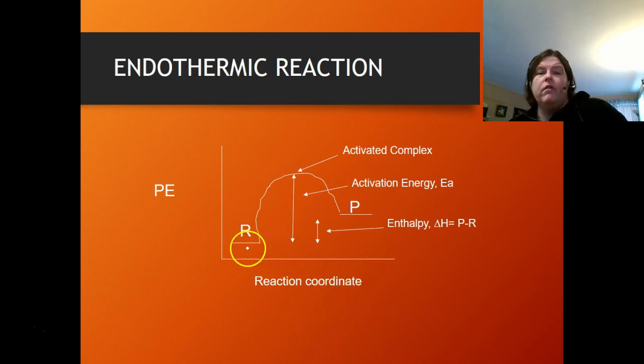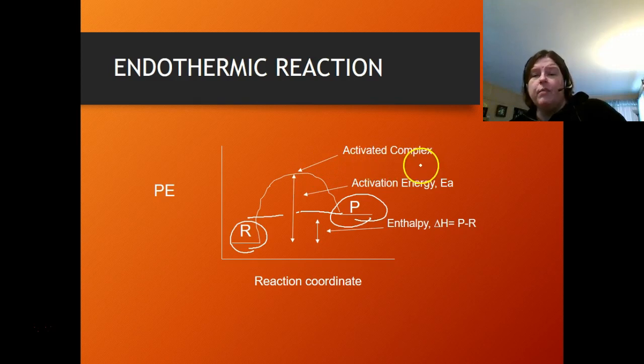So here we go. Here are reactants, lower potential energy, products, higher potential energy. Okay, and we see the difference. So the difference between those two, well, if this is higher and this is lower, we're going to have a positive delta H. Okay, same thing applies. We still have to have an activated complex, but if you look at the difference in energy from the products to the activated complex and the difference in energy from the reactants to the activated complex, a lot more activation energy has to be applied.